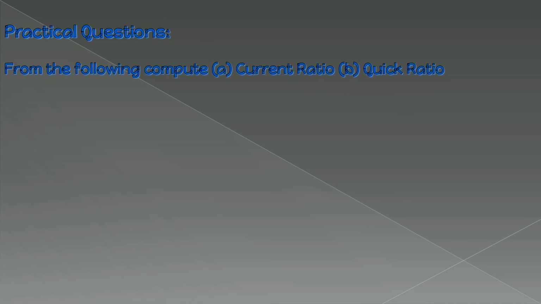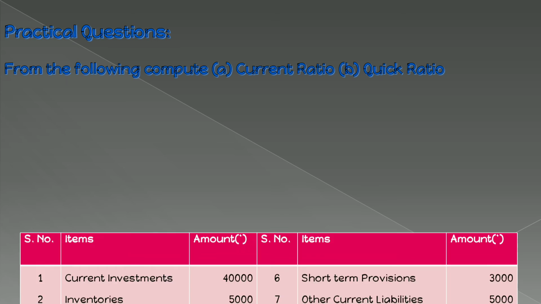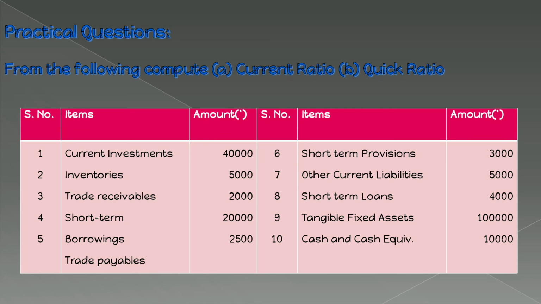Now we will go through a question. Here you can see the practical question. From the following, compute current ratio and quick ratio. Using the information shown, we have to calculate current ratio and quick ratio. Here you can see current investments, inventories, trade receivables, short term borrowings, and trade payables are given.